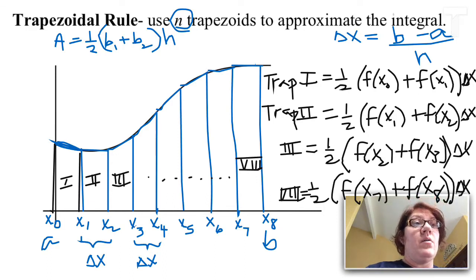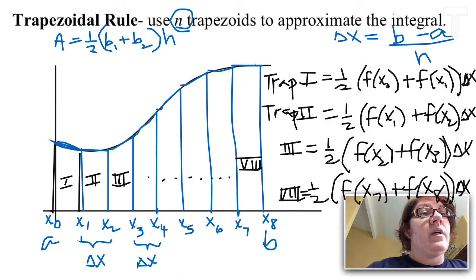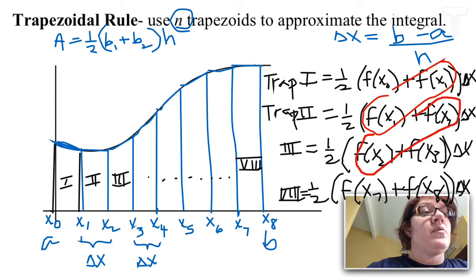And so what I notice is that several of these vertical heights show up for 2 of the trapezoids. And that will keep going, and the only ones that won't show up twice will be the first one and the last one.